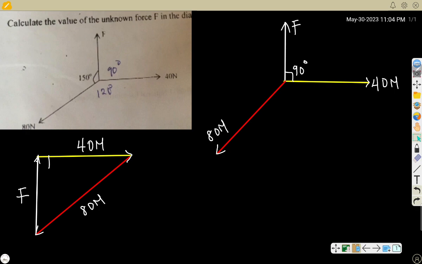So now from the right angle triangle, we can solve for F. Use SOHCAHTOA or Pythagoras theorem.